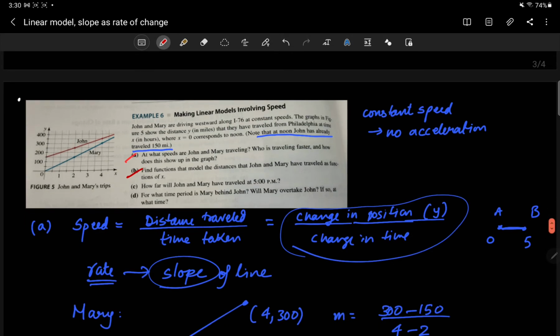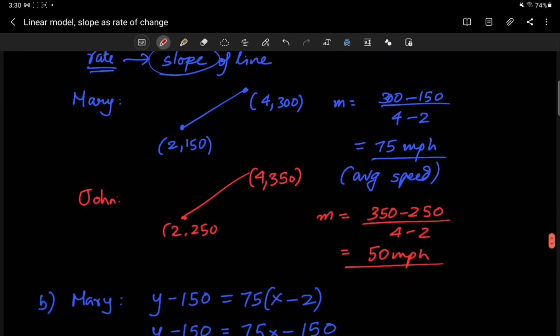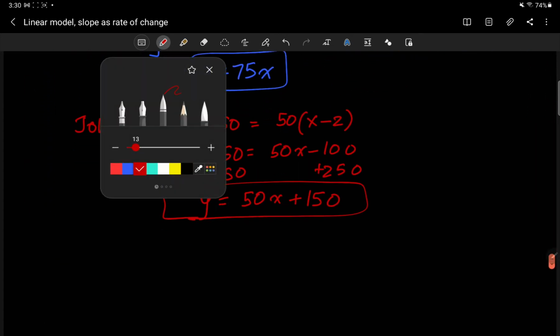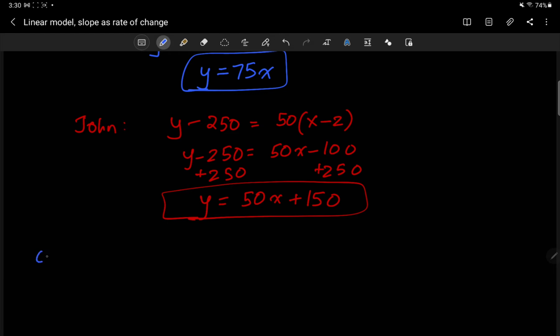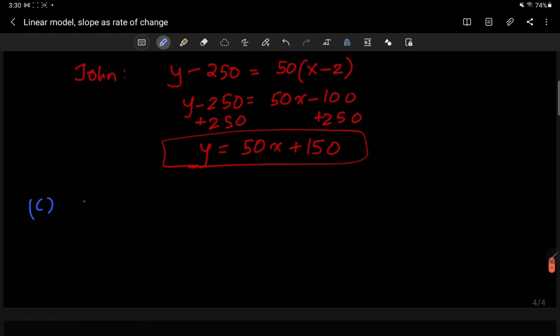Part C says, how far will John and Mary have traveled at 5 p.m.? Now, for that you have to remember that time is being measured from x equals 0 at noon, which means 5 p.m. is going to be x equals 5, 5 hours later.